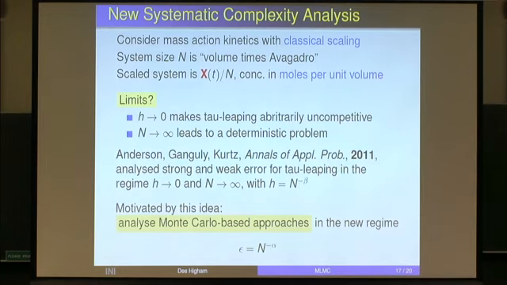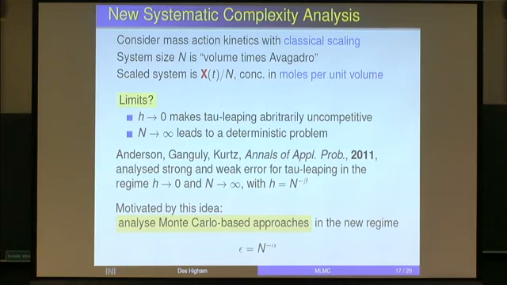So they couple those two together, so they have some parameter beta, and they let h be n to the power minus beta. So it's an increasing system size and a decreasing step size. In that setting, the fluctuations remain important because you have to take smaller and smaller step sizes to keep track of those fluctuations in a bigger and bigger system. So that's at least a sensible thing to look at.